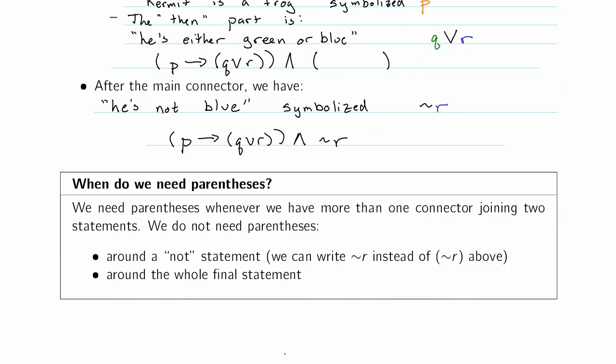So you need parentheses anytime you're connecting two statements. You don't need parentheses around a not, so we could write not R here, and we don't need to put that in parentheses. And then we don't need parentheses around the whole final statement. Other than that, anytime you have a connector, you need parentheses around it. No parentheses around not, no parentheses around the outside, parentheses the rest of the time.